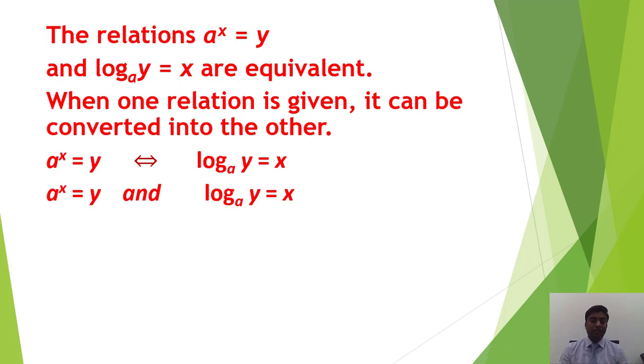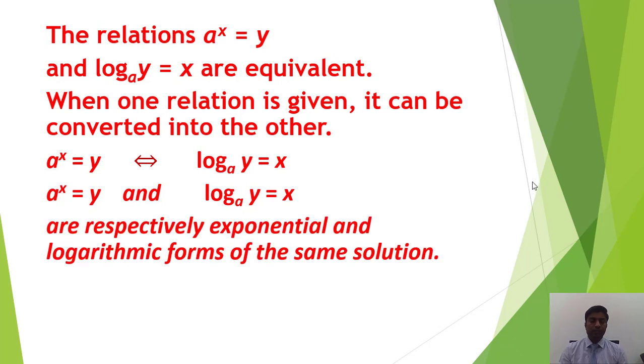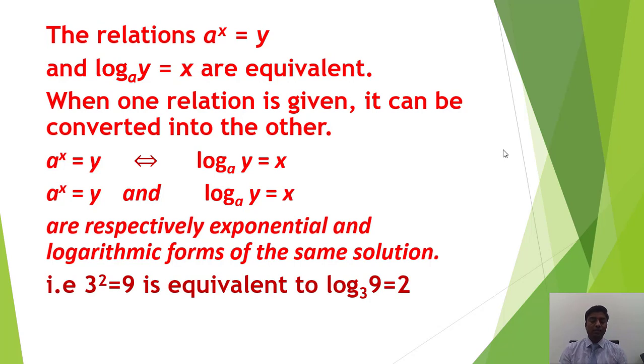These are respectively the exponential and logarithmic forms of the same relation. That is, 3 raised to power 2 is equal to 9 is equivalent to log 9 to the base 3 is equal to 2.